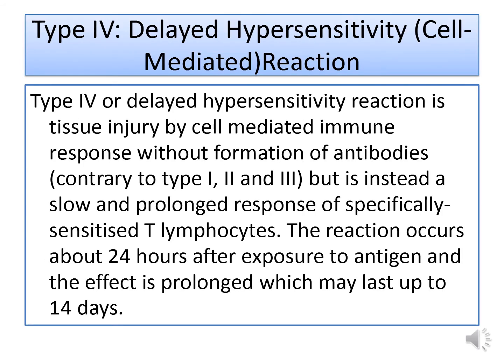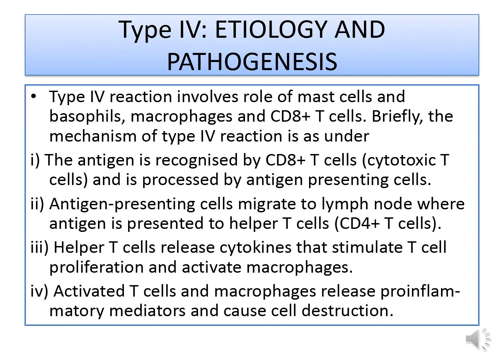Type 4 delayed hypersensitivity reaction is tissue injury by cell-mediated immune response without formation of antibody, but is instead a slow, prolonged response of specifically sensitized T lymphocytes. The reaction occurs about 24 hours after exposure, and the effect is prolonged, which may last up to 14 days.